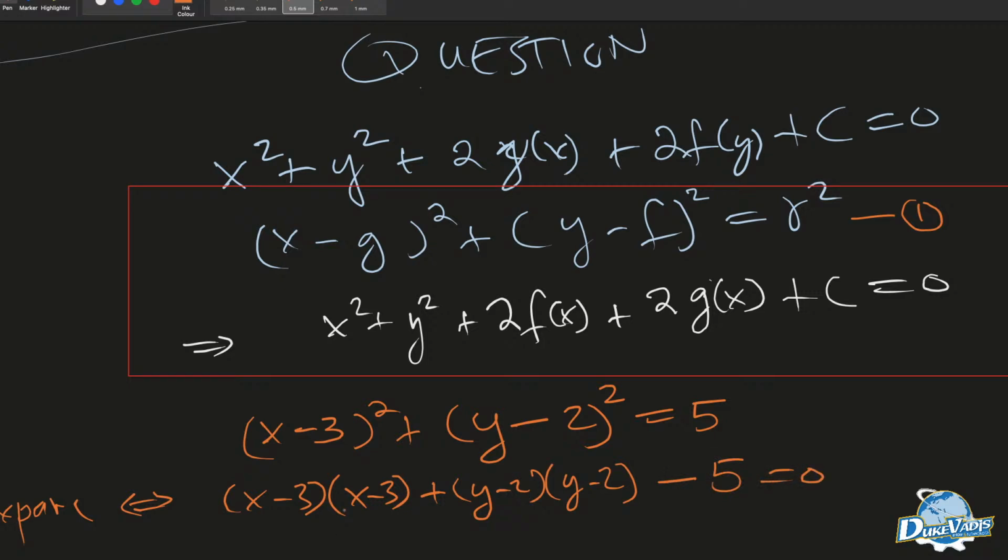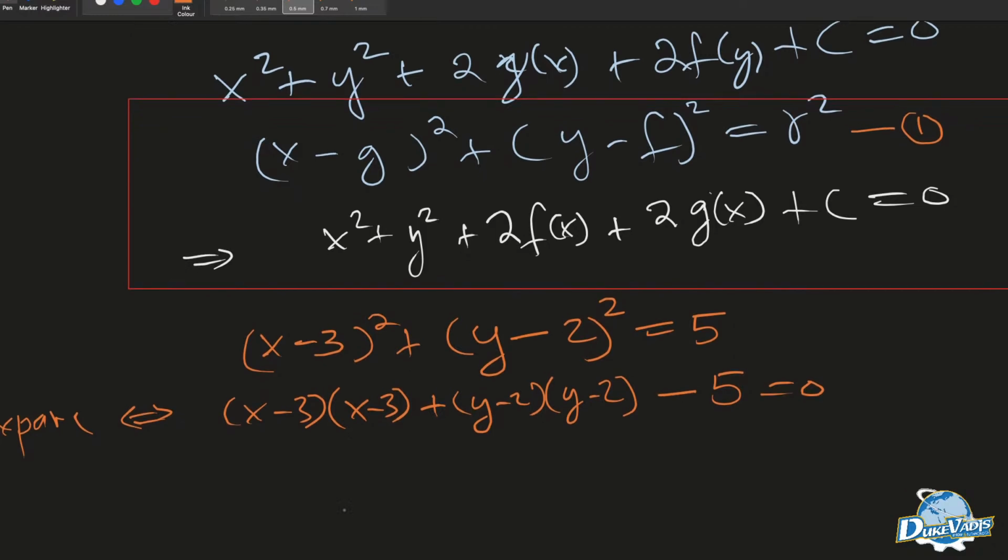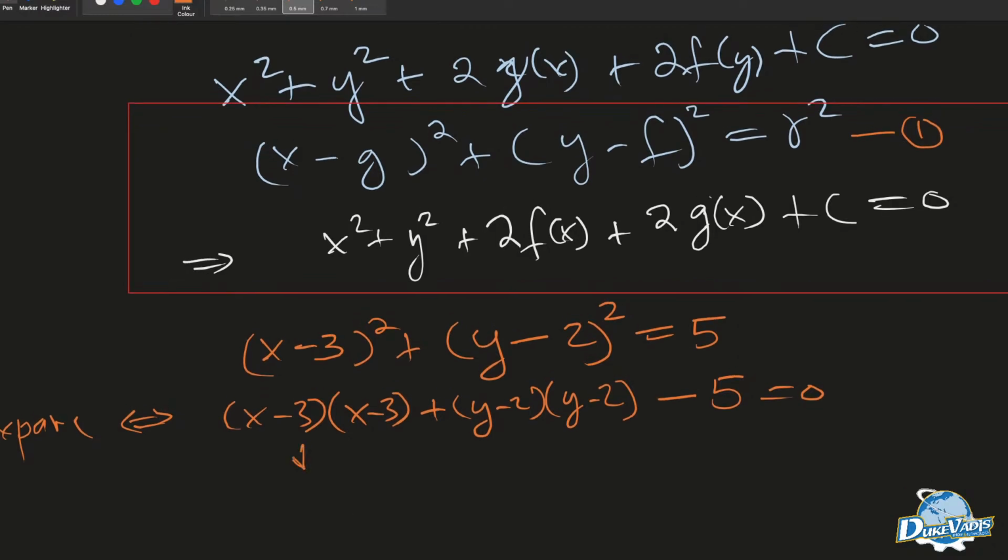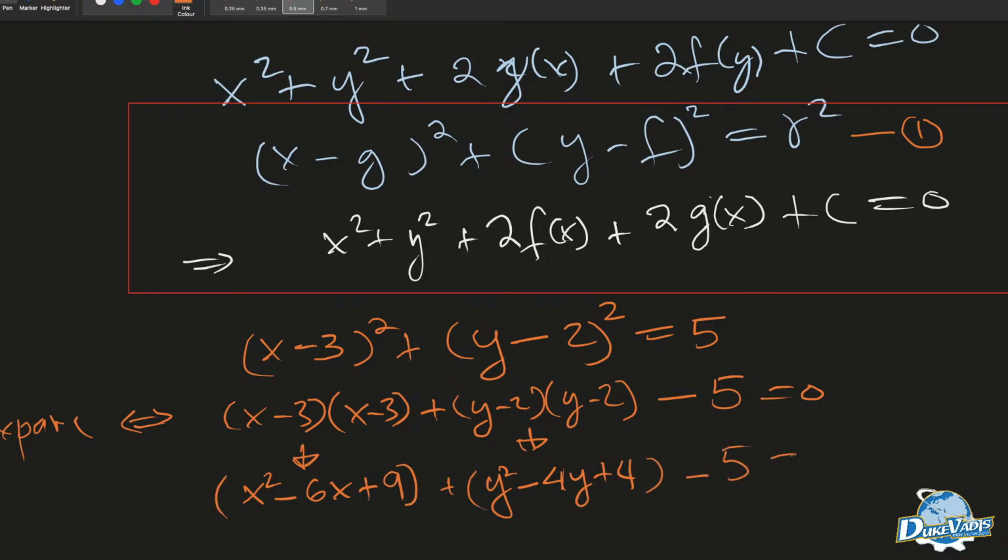Then when we expand this, we get x squared minus 6x plus 9. When we expand this one again, we get y squared minus 4y plus 4, and minus 5 is equal to 0.